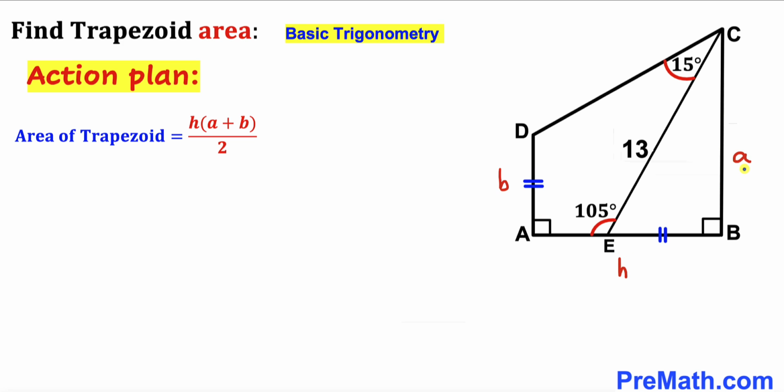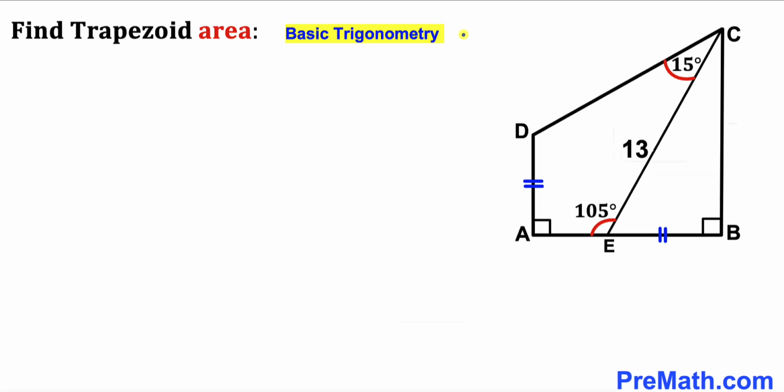And now our task is to calculate this base a, this base b, and this height h before we could calculate the area of this trapezoid. And furthermore, we are going to use basic trigonometry to solve this given problem.